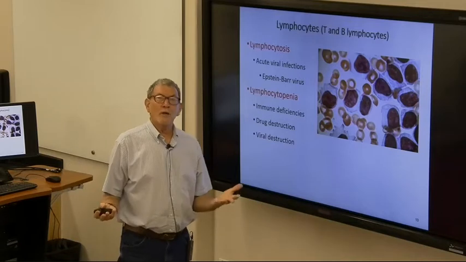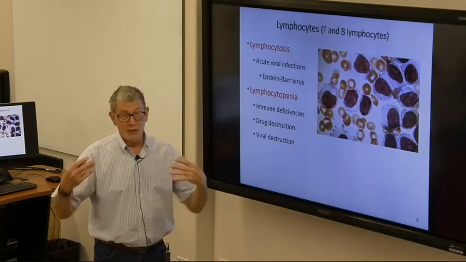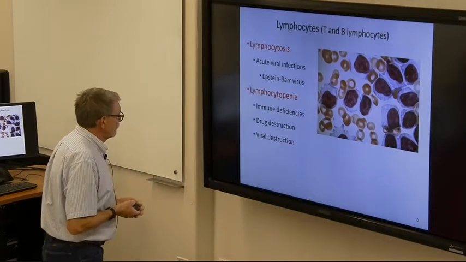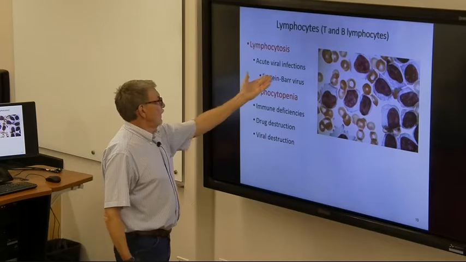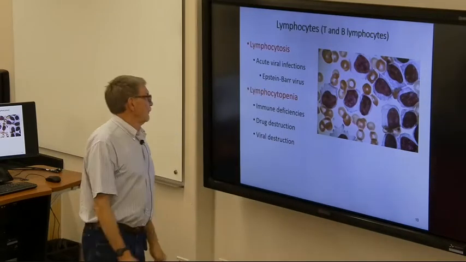You increase the number of B cells that are in the lymphatic system and also now releasing into the bloodstream to fight there. So viral infections, especially Epstein-Barr, we're going to see Epstein-Barr all the time.